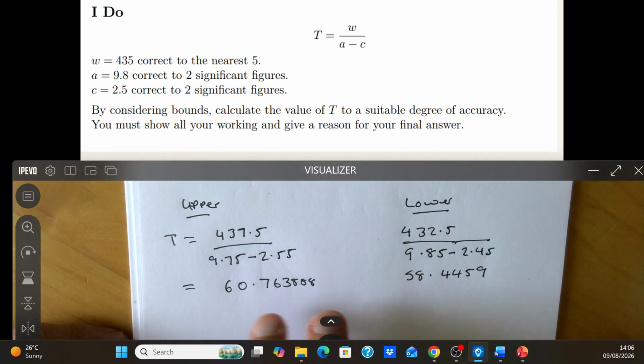We're asked to give this to a sensible degree of accuracy. If I round it to one significant figure, it's 60. If I round it to two significant figures, it becomes 58 and 61.